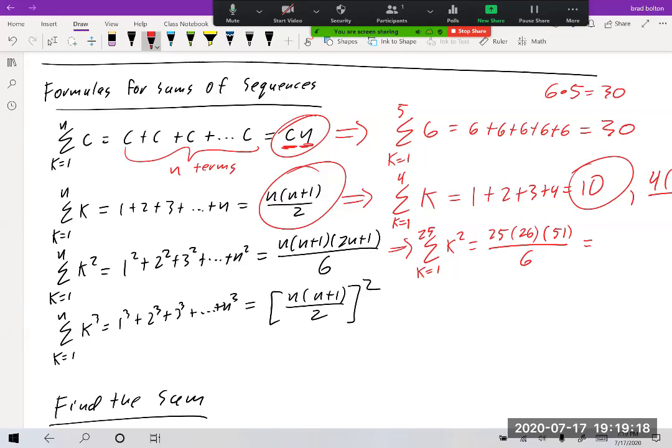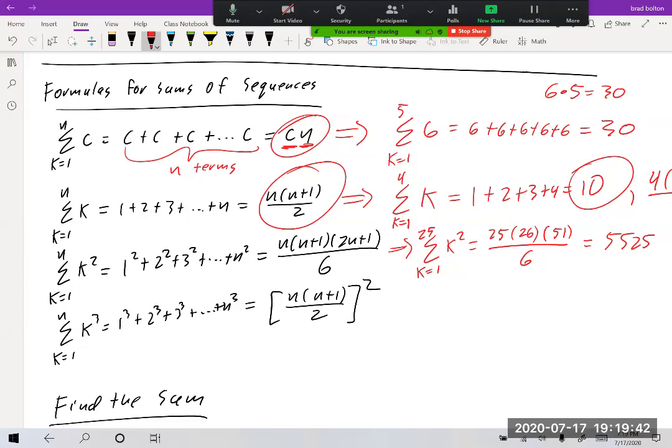So I'm going to take out my calculator and do 25 times 26 times 51 divided by 6. And I get 5,525, okay? So that's saying that if you took the first 25 perfect squares and added them all up, you would get 5,525.